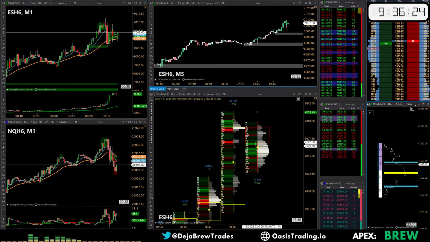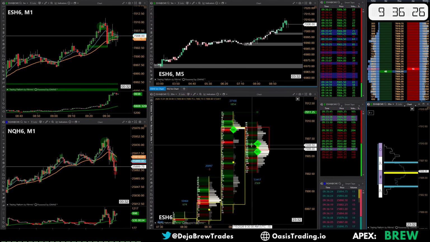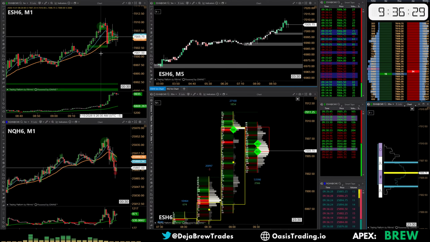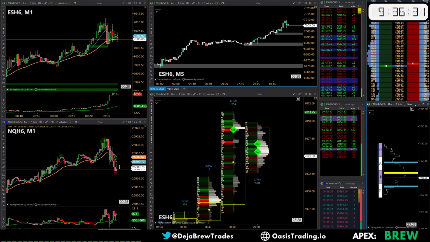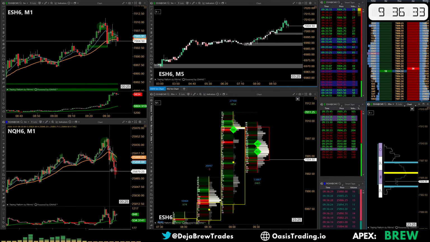Buyers kind of being absorbed here on this node at 06. Still holding on to that trend in that 24 on ES. You kind of lost it on NASDAQ, taking out a couple of lows.